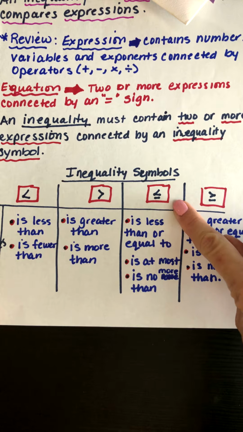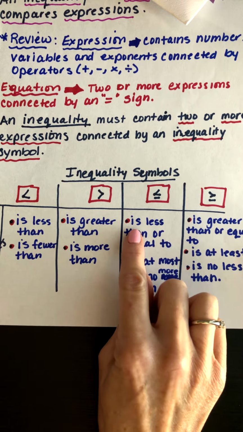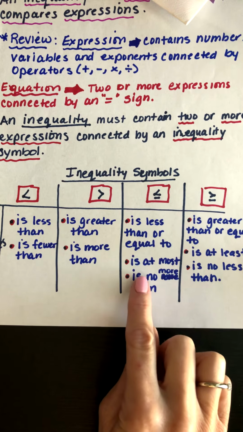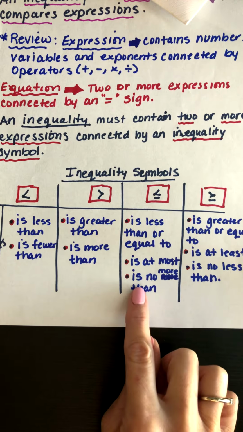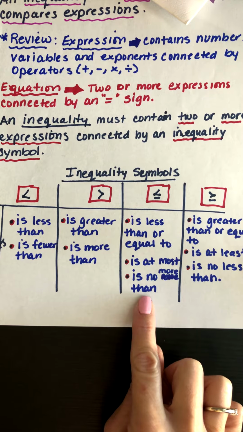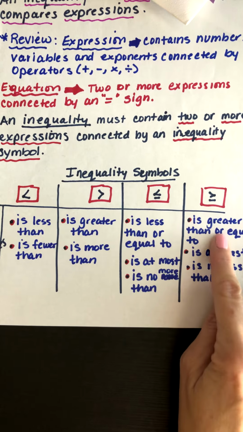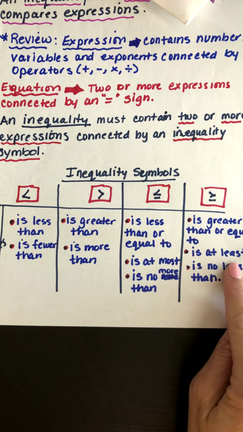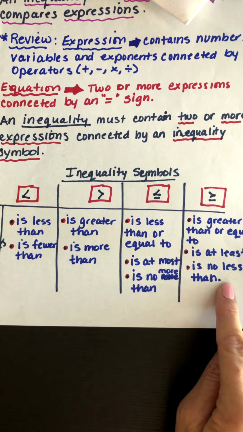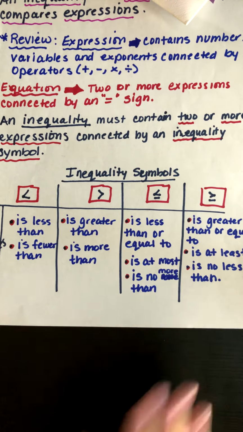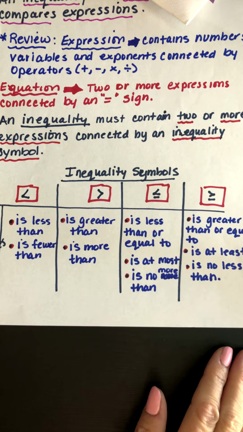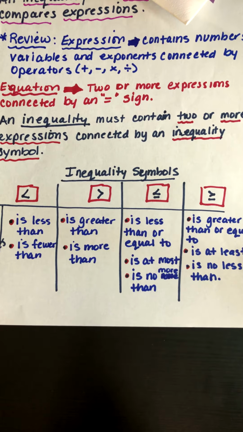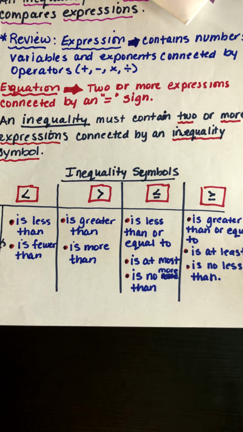Less than or equal to symbol: you will see the words is less than or equal to, is at most, and is no more than. And the greater than or equal to symbol will say is greater than or equal to, is at least, and is no less than. So these key terms will be really helpful to have out when you're trying to write a math sentence using the inequality symbols. Again, pause here to keep up if you need more time.